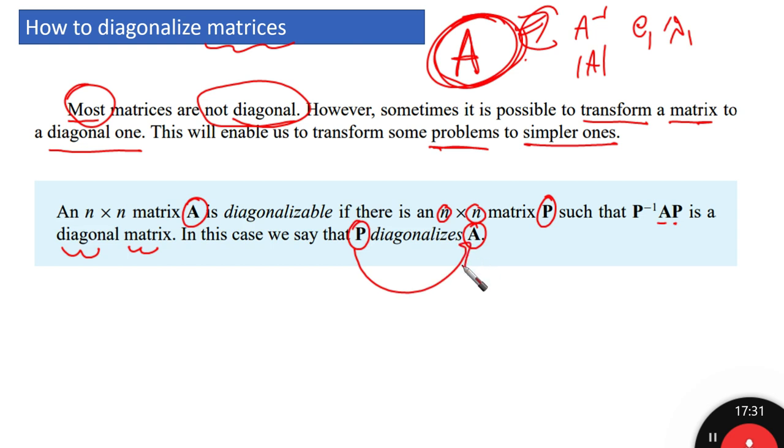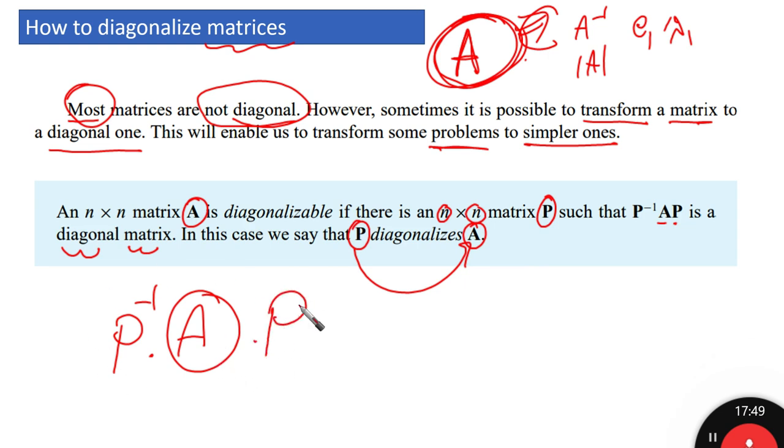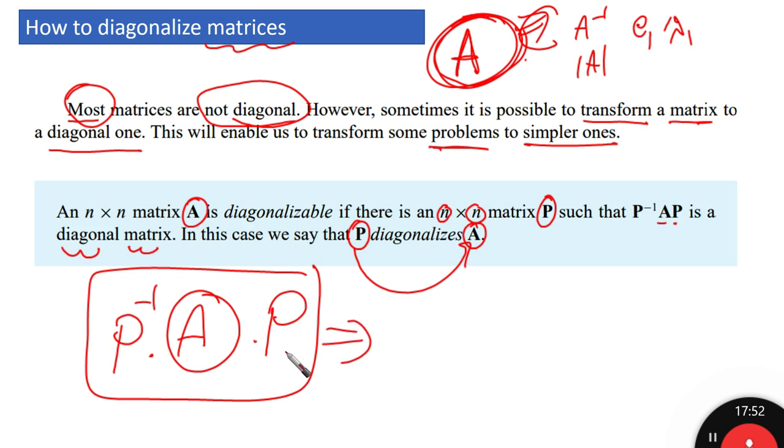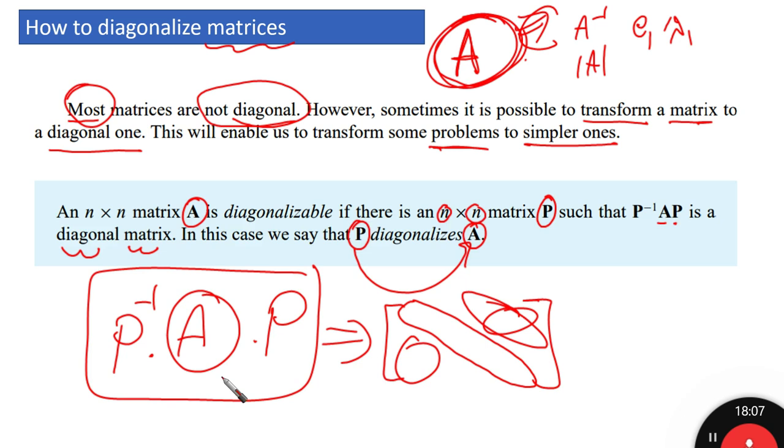P diagonalizes A. If we have a matrix A and we are not sure whether it is a diagonal matrix or not, we are going to get a matrix called P and we are going to take the product, like this, on A. If the output of this product is going to be a diagonal matrix, with only non-zero elements on the diagonal and the off-diagonals being zeros, then in this case we say that A is able to be transformed to a diagonal matrix.